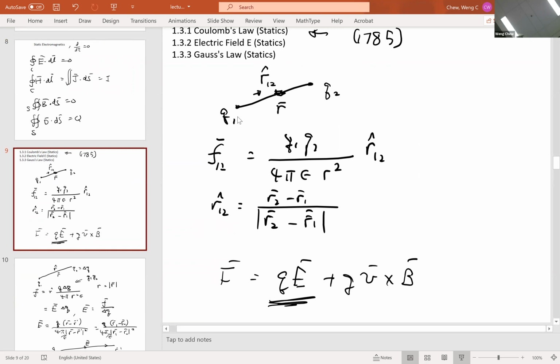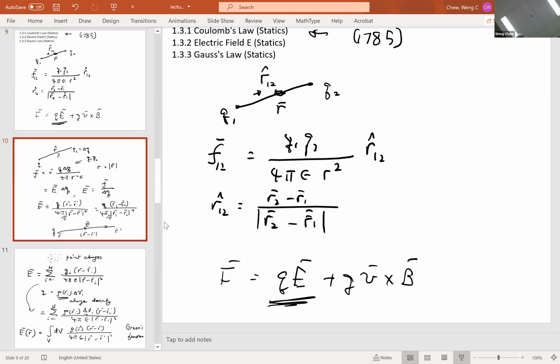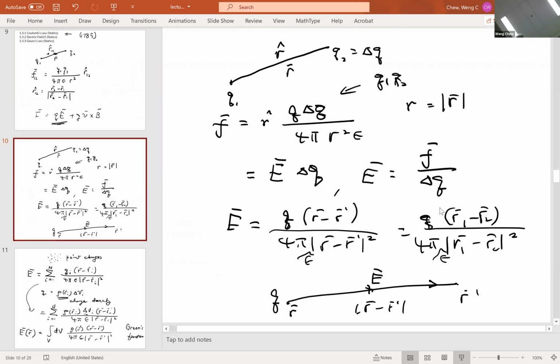It's just a statement about the forces between two point charges. And you can actually see that this law is actually part of the Lorentz force law. And from this law, you can define what electric field is. You find the electric field is given by this expression over here.